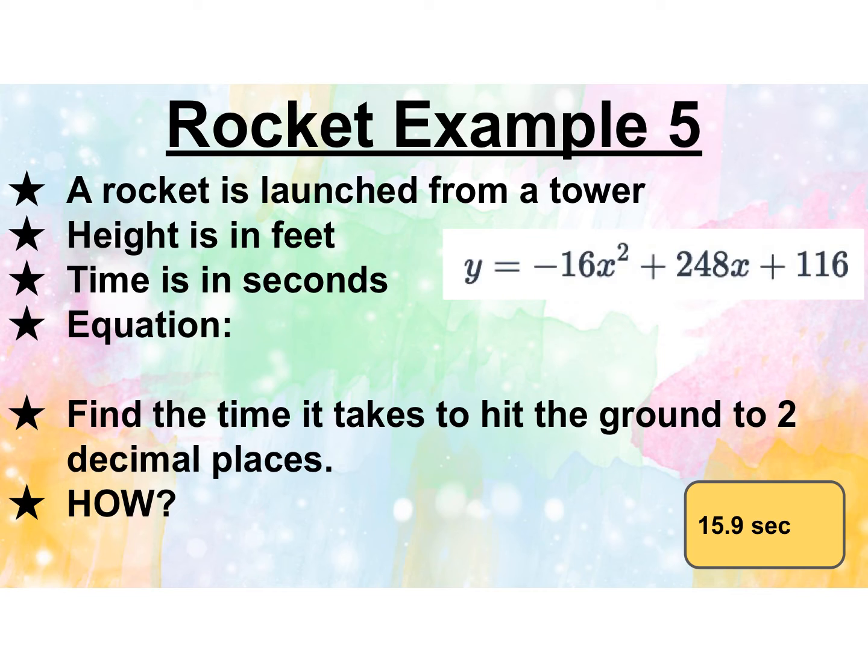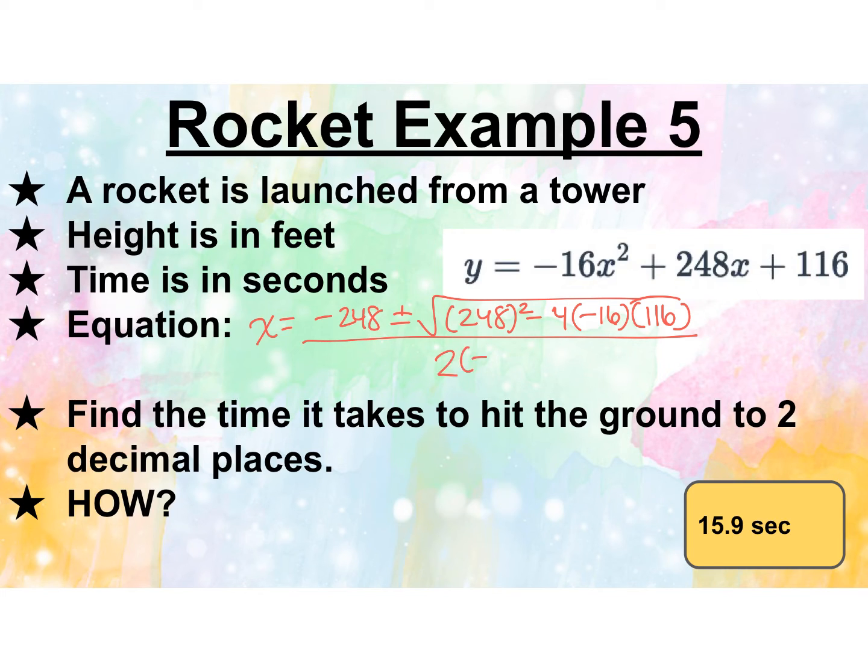I'm going to do it out for you, even though I showed you the answers. So x equals negative b, negative 248, plus or minus 248 squared minus 4 times a, which is negative 16, times c, which is 116, all over 2 times negative 16. Don't drop that denominator.